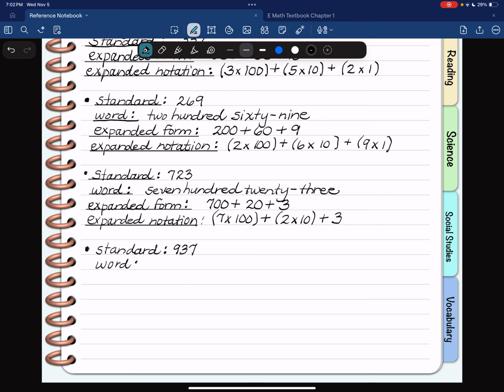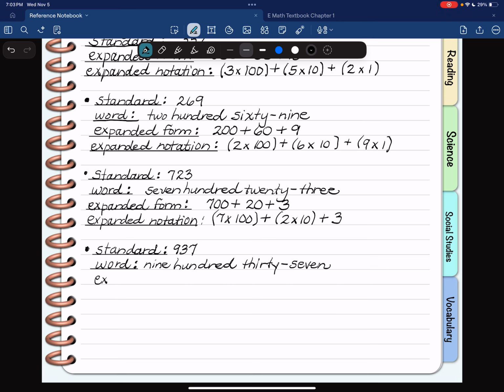Word is 900. Do you use a comma? No. 30, that's your 3 rods or your 3 tens, hyphen 7 cubes. So we have standard and we have word.